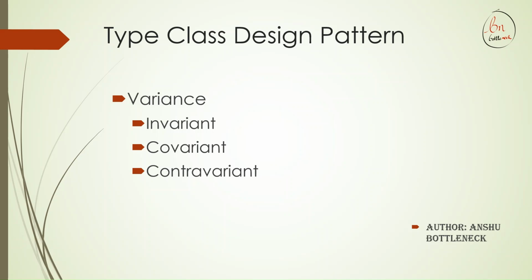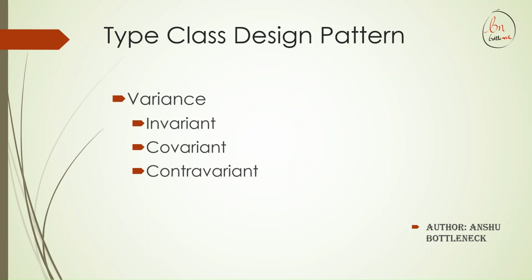An example would be a functor. We will deal with the examples when we are actually implementing this. It is a type class that transforms a value inside a container, and the transformation does not depend on the specific subtype. So you can think of map or flatMap as an example for covariant.